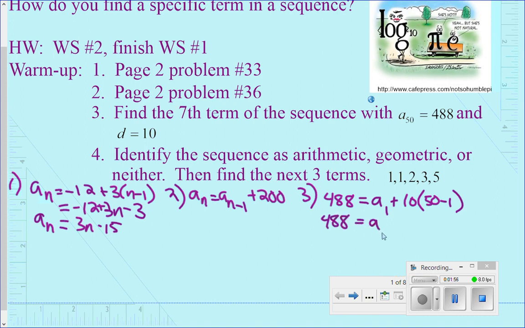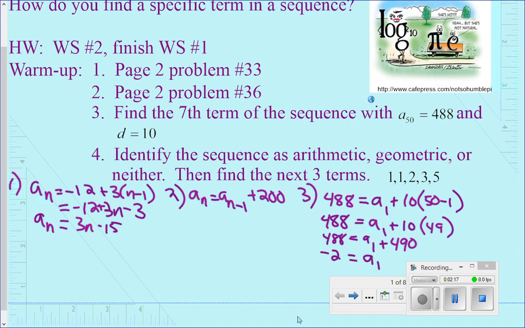So I don't know a1, but I do know that 50 minus 1 is 49. So I have 488 is equal to a sub 1 plus 490. And subtracting 490 from both sides, I have a sub 1 is equal to negative 2.